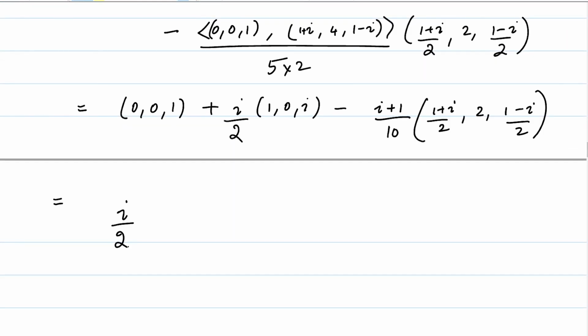i by 2 times 1, 0, i, minus (1+i) the whole square is i by 10, and well, (i+1) by 5, and (1-i) square is basically 2, and this is just going to be 1 by 10.